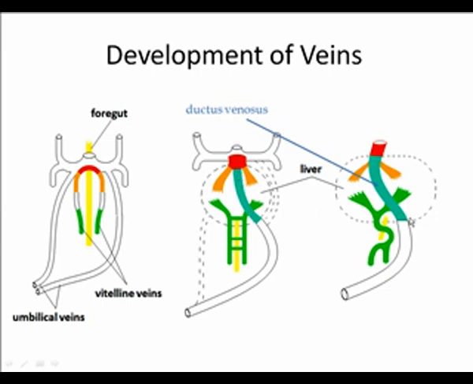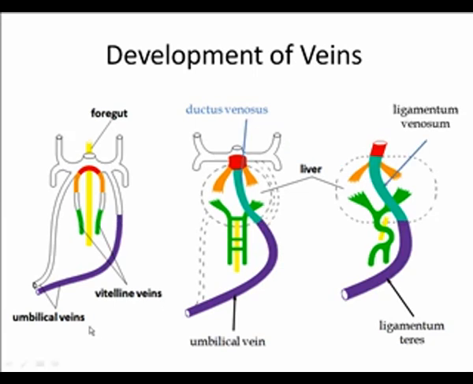The ductus venosus will form a bypass, whereby maternal blood can go across the umbilical veins through the ductus venosus, bypassing the liver to reach the inferior vena cava. After birth, the umbilical vein will degenerate as blood from the placenta ceases. It will form the ligamentum teres. And the ductus venosus will cease to be functional and will become the ligamentum venosum.